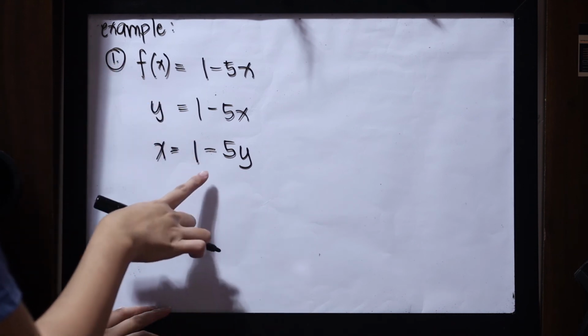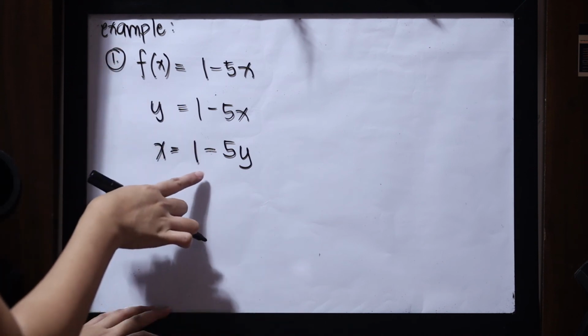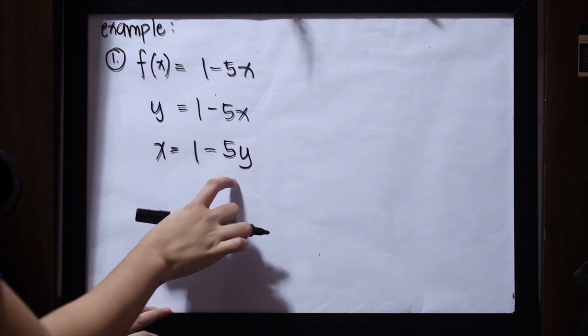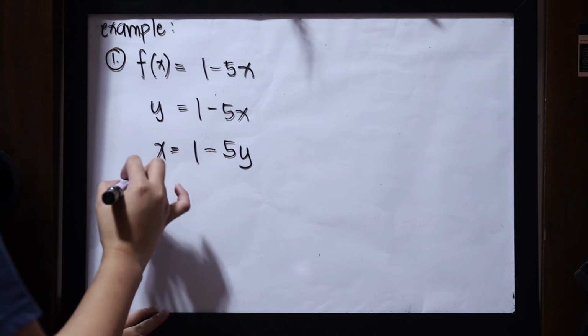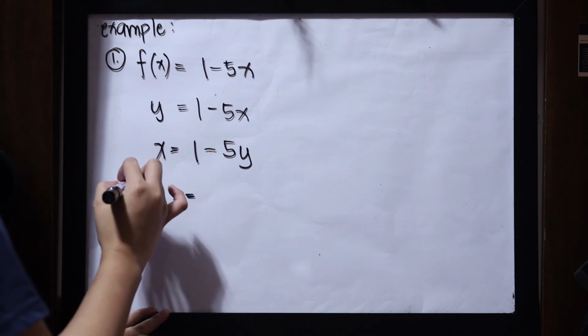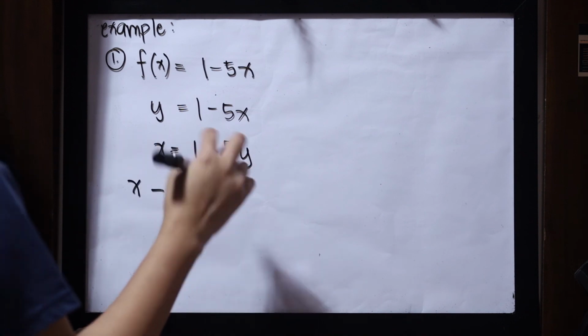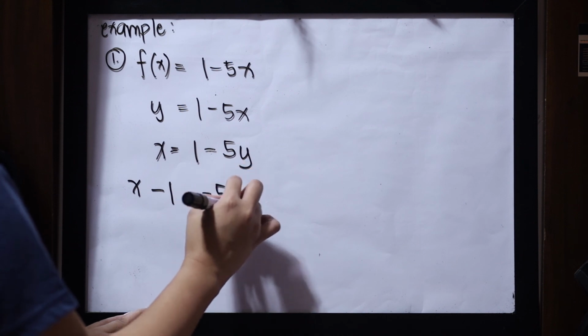So, ita-transpose or we will apply the APE rule, yung 1 sa other side ng equation para matira yung may variable lang na y. So, ang mangyayari po is, magiging x minus 1, transpose 1, then yung nasa right side ng equation ay nagiging negative 5y.